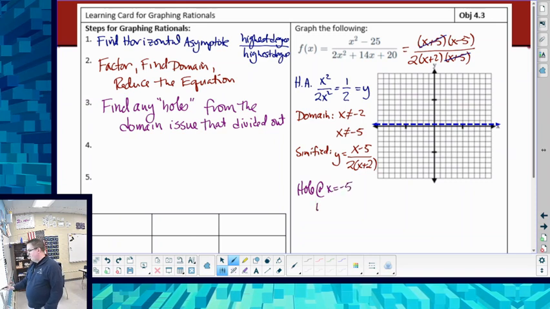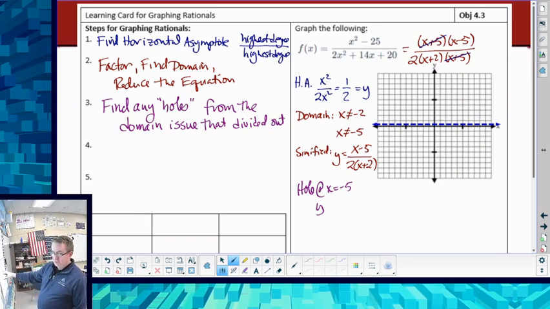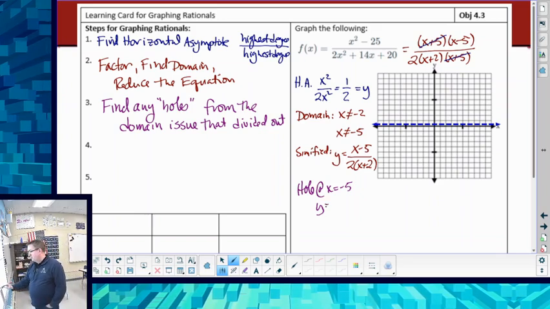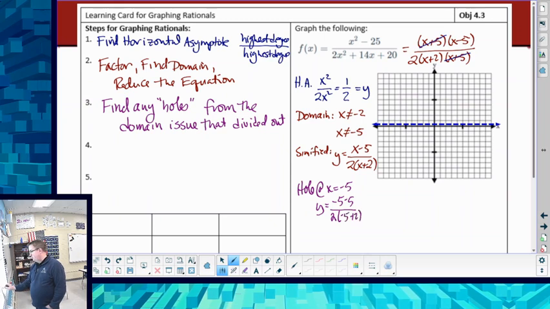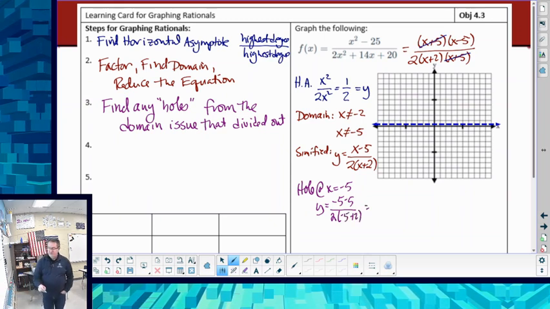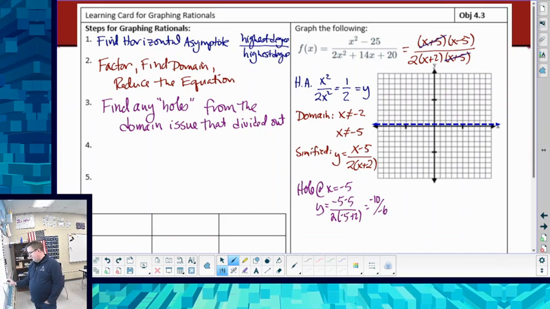Now we need to figure out what y is going to equal, and we're going to plug that -5 back into the original equation. Or not the original equation, I'm sorry, the simplified equation. So I'm going to get -5 minus 5 over 2 times -5 plus 2. And so that's going to get me a -10 on the top and a -6 on the bottom.